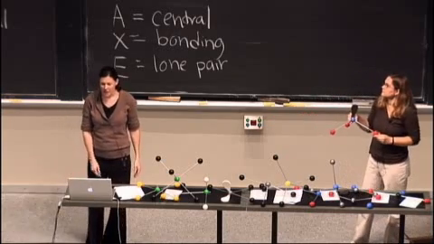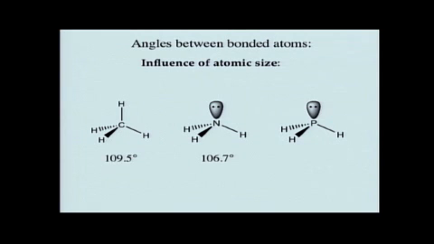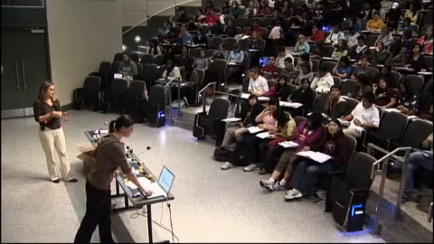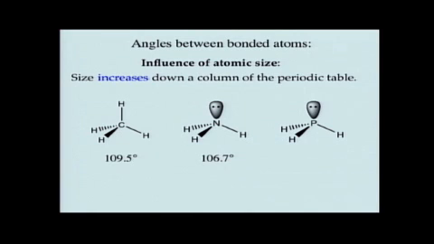We can also think about the influence of atomic size in terms of this effect. So first of all, what happens to atomic size as you go down the periodic table? Good, it increases. So we have size increasing as we go down the periodic table. Phosphorus is right underneath nitrogen on the periodic table, so phosphorus is going to be bigger than nitrogen. In terms of picturing what happens with those lone pairs, when we have a larger atom, the orbitals are also going to be larger. They can take up more space.